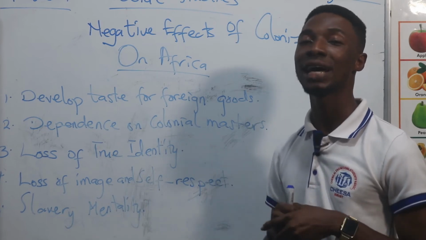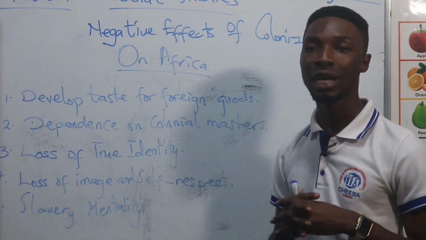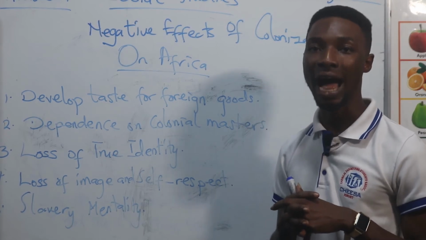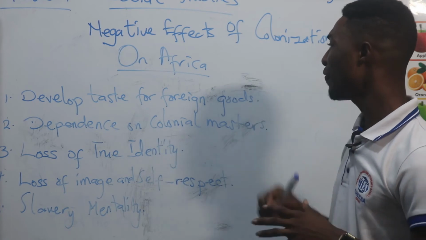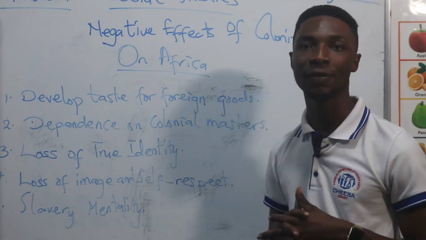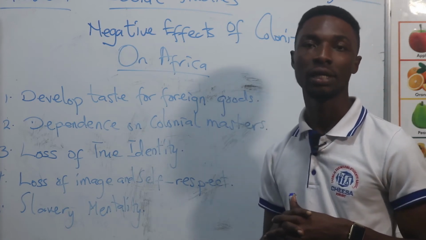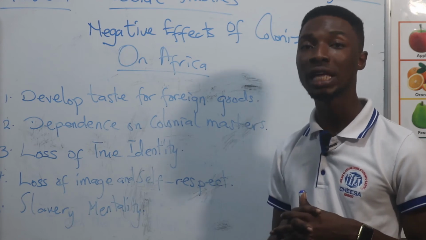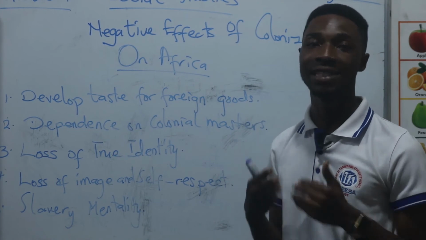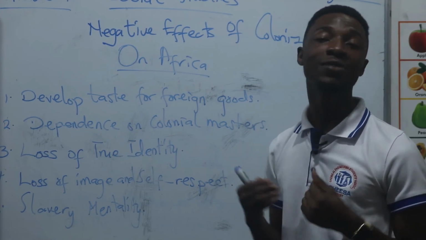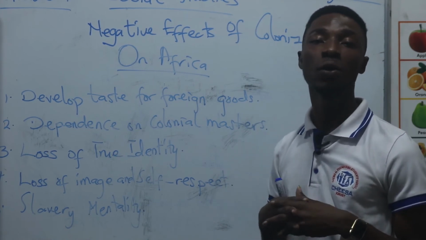Let's examine some of the negative effects colonization has had on Africa. Africans have developed strong taste for foreign goods, continental foods, continental clothes and services. We are not interested in our made in Ghana goods and services.